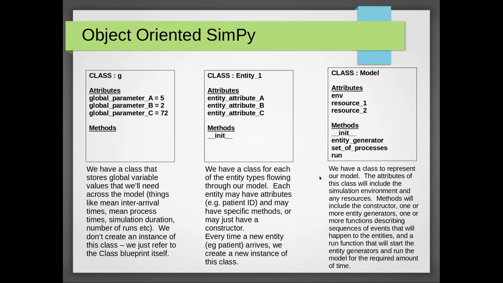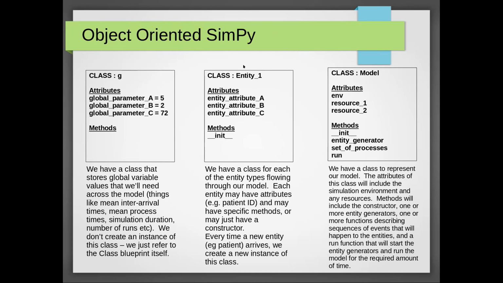Remember, before, the arrivals generator was creating a new instance of the patient journey generator, which was kind of working as a proxy for creating a new patient, but it wasn't. It was just creating a new instance of that function. So here it almost makes more sense that the generator generating your arrivals will create a new instance of your entity class.